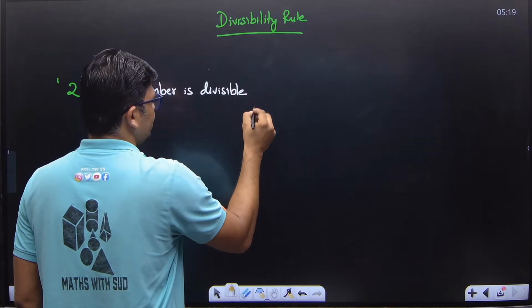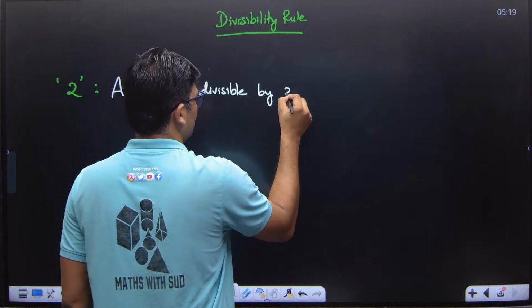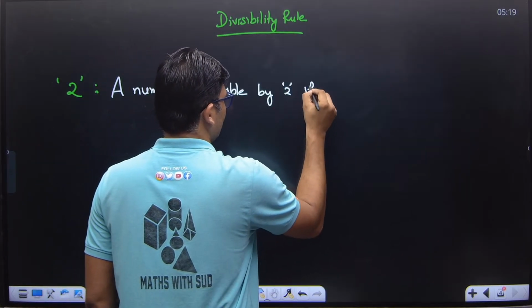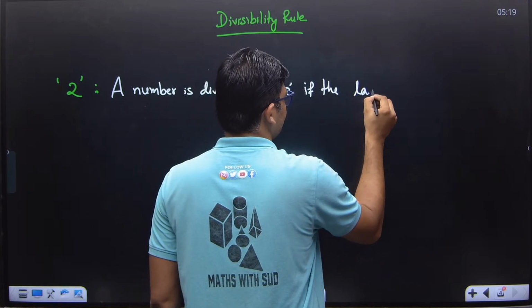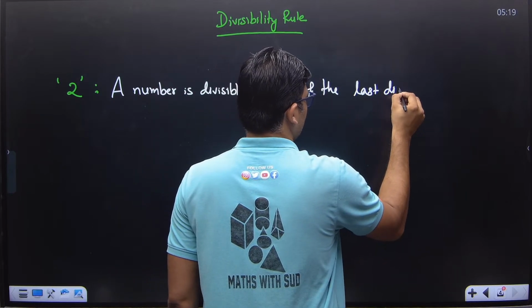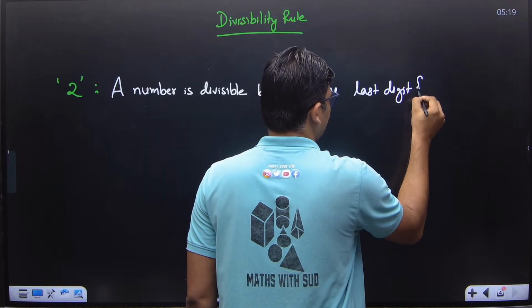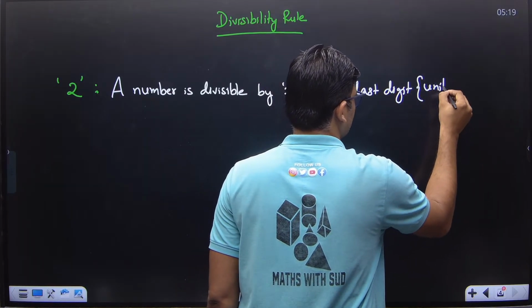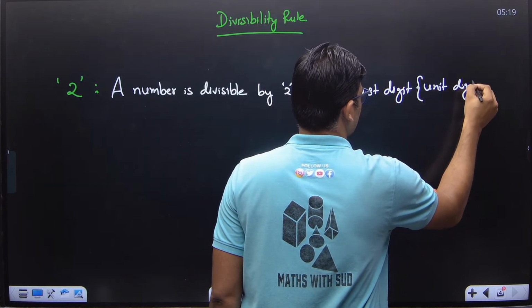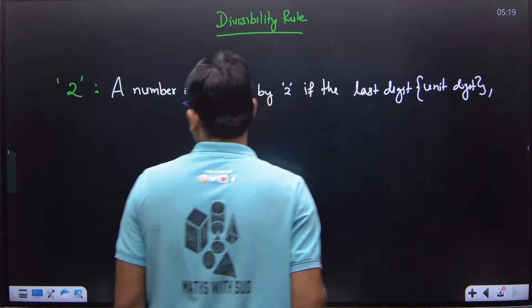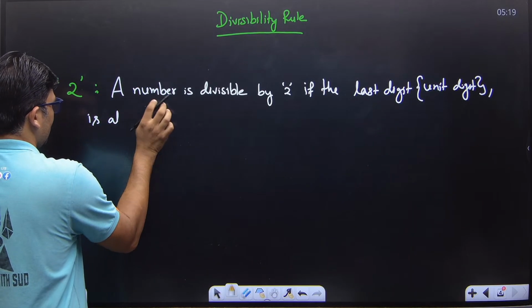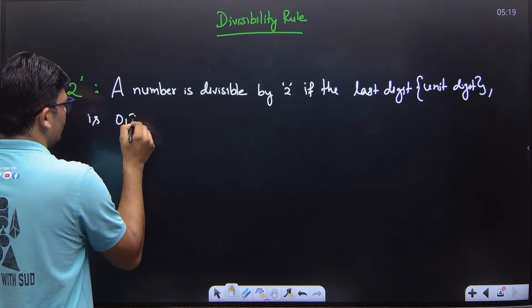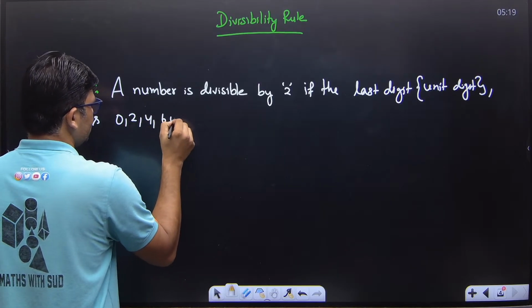A number is divisible by 2 if the last digit, when I say the last digit, I mean unit digit, is 0, 2, 4, 6 or 8.